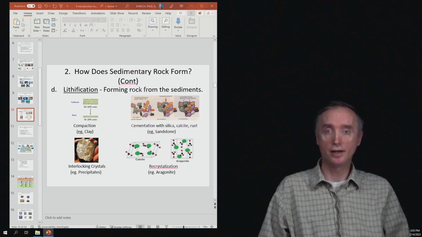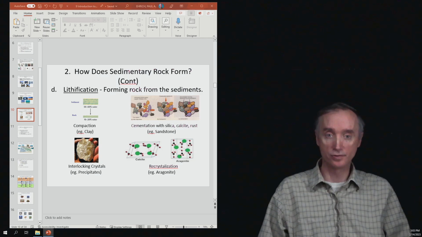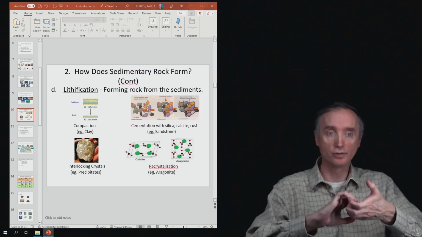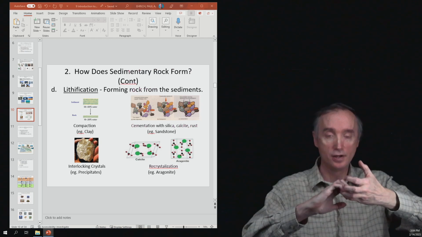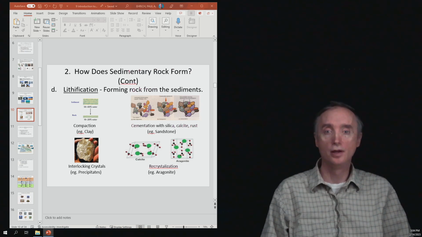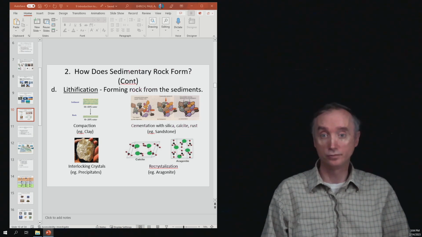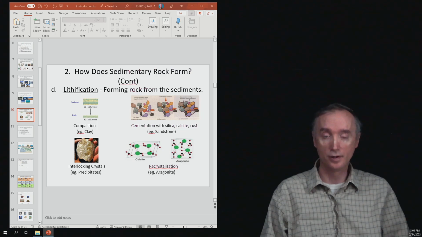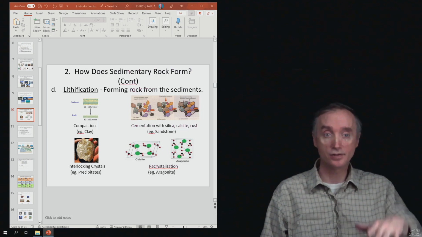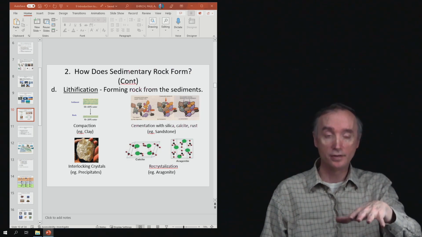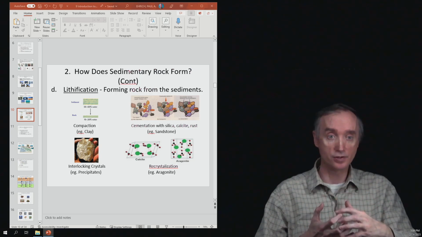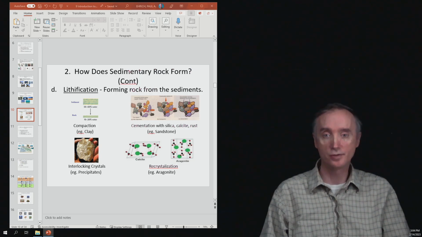Okay, another kind of lithification is when crystals grow and then they interlock with each other. So this is going to be very common like with limestone. So if you've got calcium carbonate that is dissolved in the water and then it precipitates to the bottom of the ocean floor, then those crystals will interlock with each other, and then you get a type of limestone as a result of that.